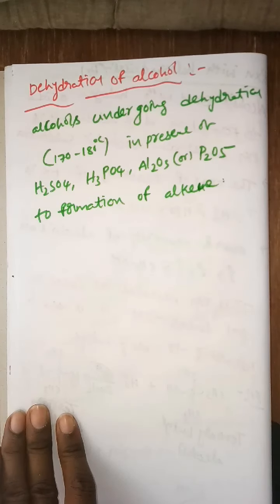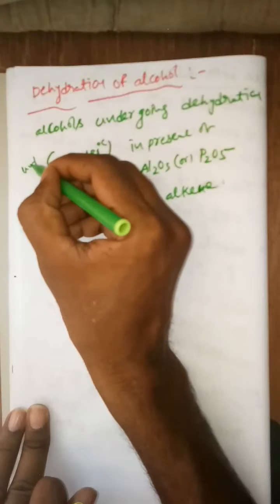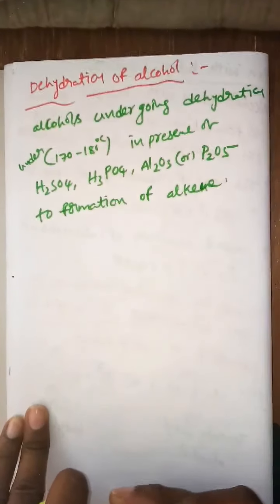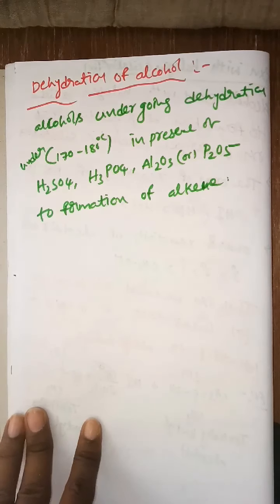Alcohols undergoing dehydration at 170 to 180 degrees Celsius in presence of H2SO4 or H3PO4, Al2O3 or P2O5 to form alkene. How to form? We will write an example.